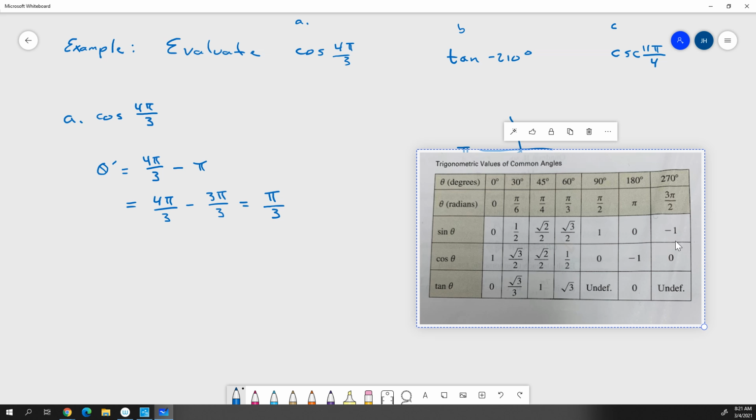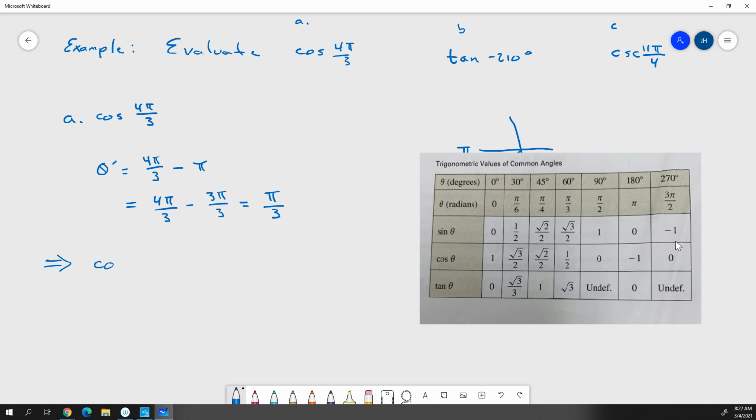So we can just look at this chart and ask, what is cosine at pi over 3?